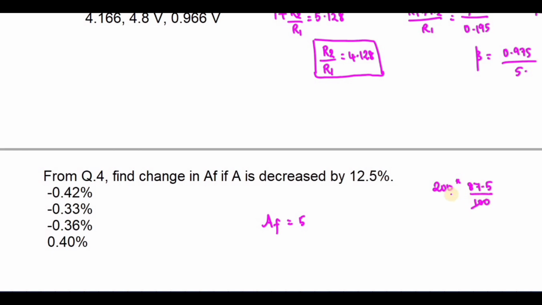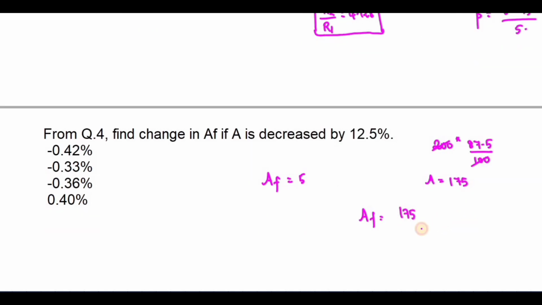So 200 into 87.5 divided by 100, you will get 175. So now the value of A is 175.